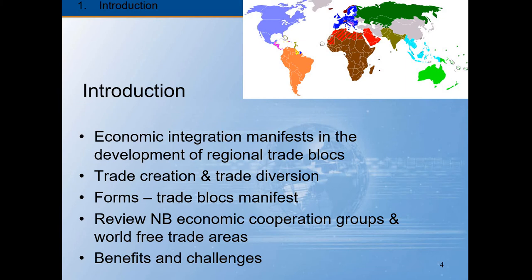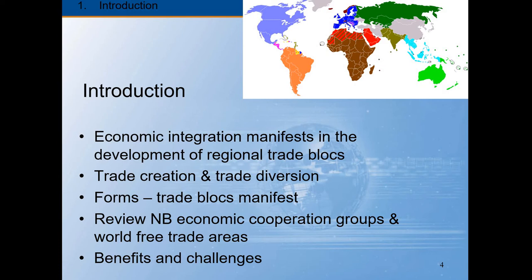Okay, so what is economic integration? Countries create trade blocks. If you look at the image on the top right-hand area of the slide, there are continents, each with different countries, but they've got different colors there, and that implies that those countries work together with one another with regards to trade.